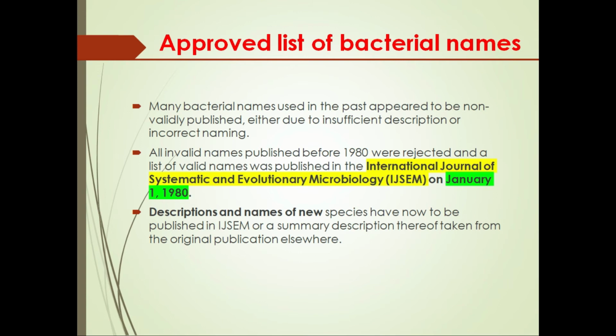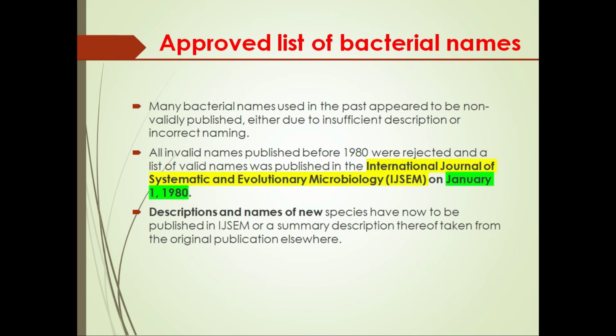Now, all the names published before this date, which were not validly published because of insufficient description or incorrect names, were all rejected. So, to get a name published validly, that research article should be published in the journal IJSEM, International Journal of Systematic and Evolutionary Microbiology.